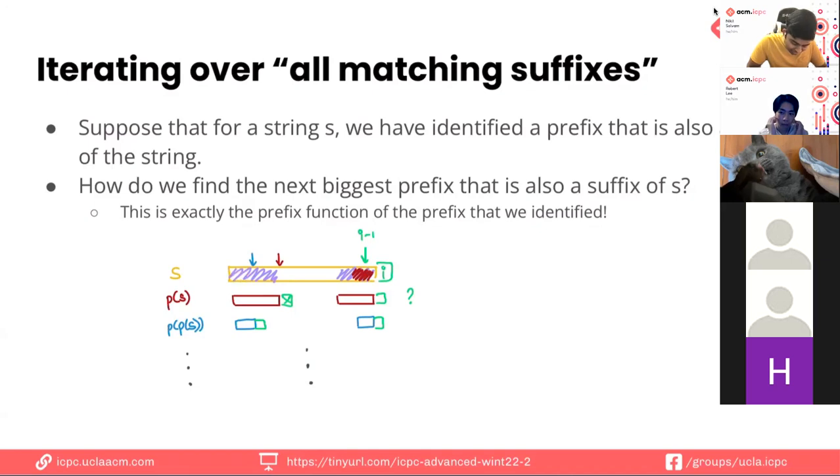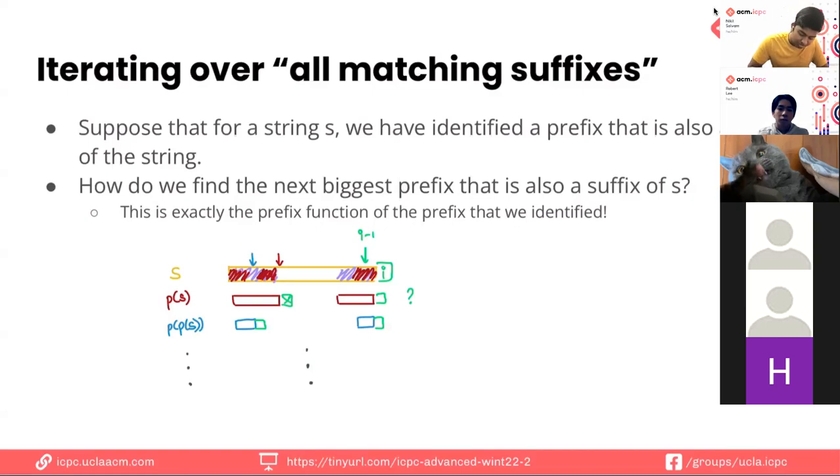But note that those purple strings are equal, right? So if you're looking for some suffix here, that is the same as looking for some suffix here. And now you're asking the question, what is the longest suffix in this purple string that matches some prefix of the purple string, right? And we know how to solve that problem already.